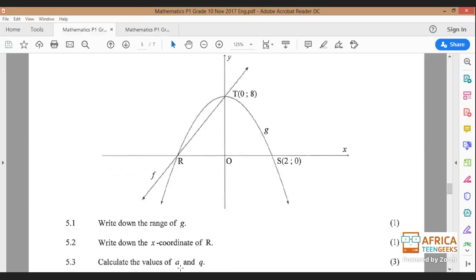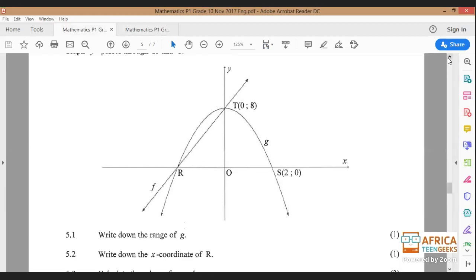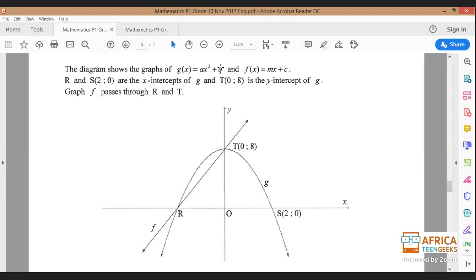Then 5.3 says calculate the values of A and Q. So in your parabola graph, your g of x, you must be able to calculate the value of A and the value of Q. The value of A, we know it's going to be negative. Why? Because g of x is given as a sad face.